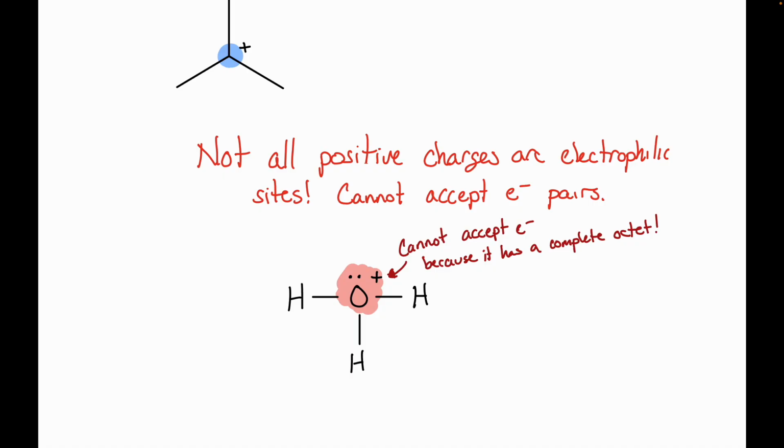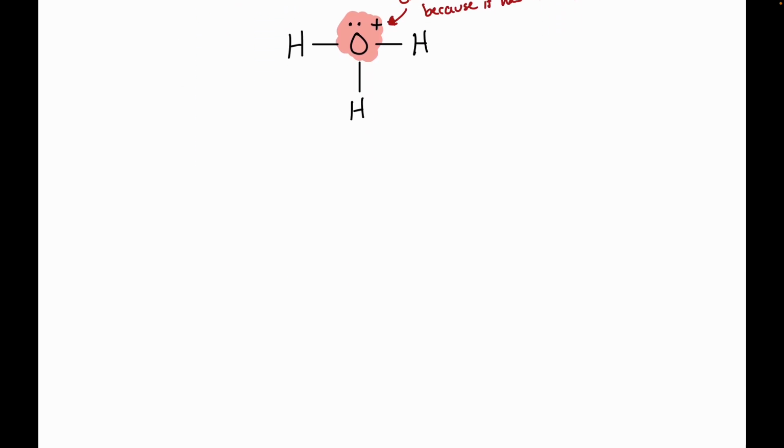Okay, so just because an atom has a positive one formal charge doesn't mean that it's going to be our electrophilic site. It does help us recognize that this will play the role of an electrophile. It's just not going to be at that oxygen atom.